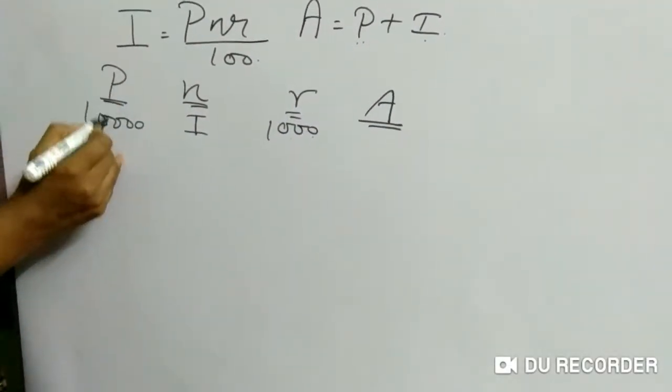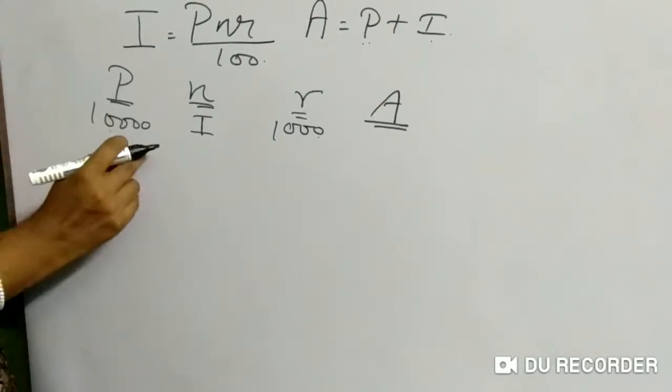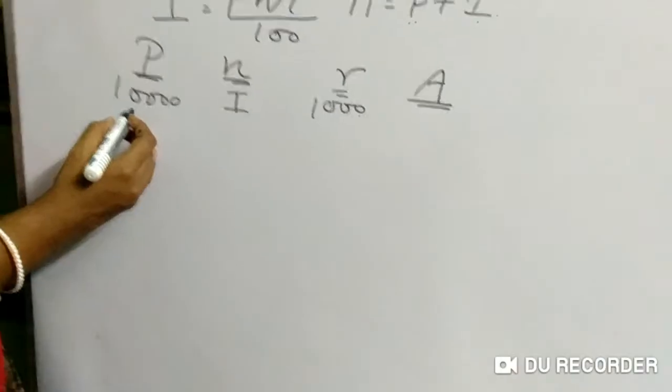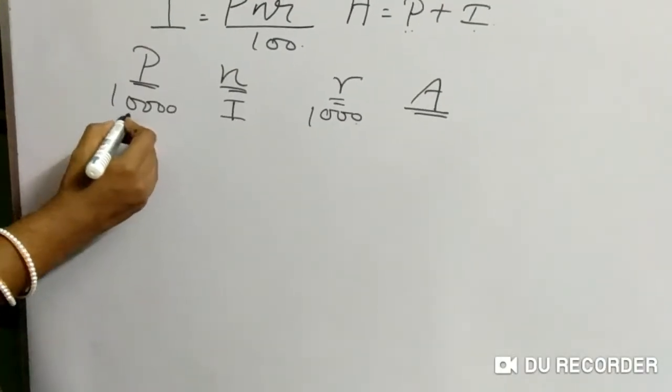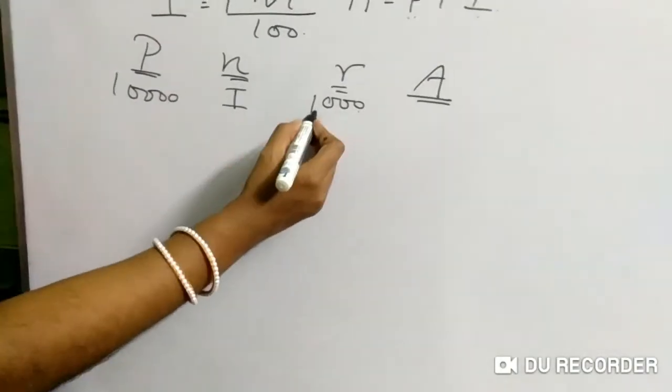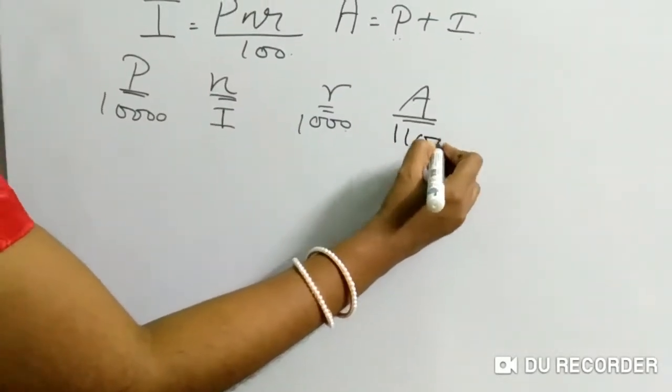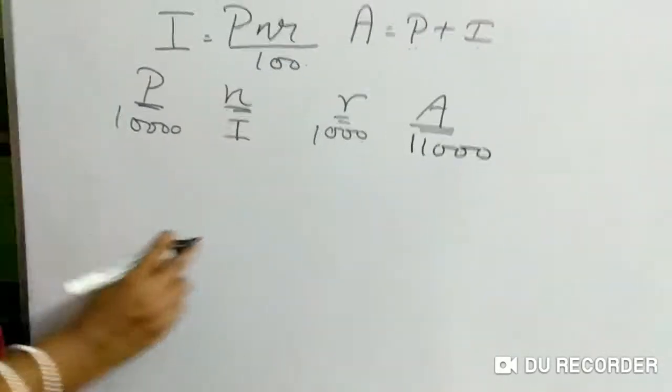If you are depositing the amount, you can get the amount for yourself. But if you are a borrower, you want to pay the 1,000 rupees as interest, so totally you can pay 10,000 plus 1,000 as 11,000 rupees for the first year.